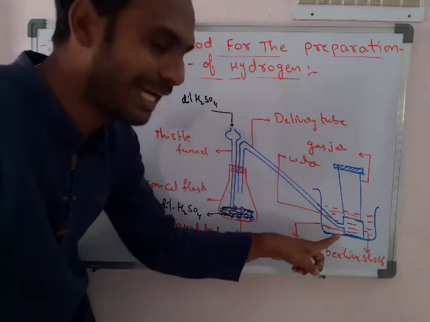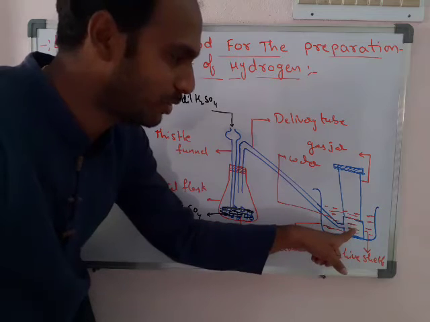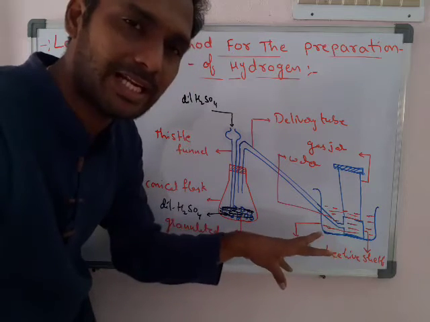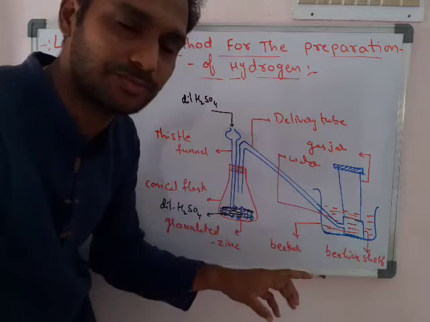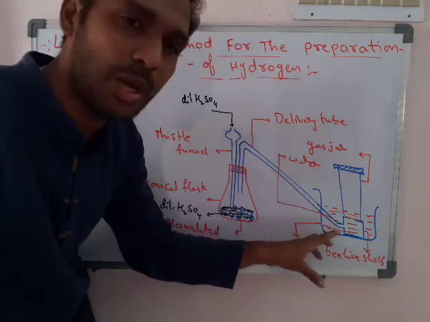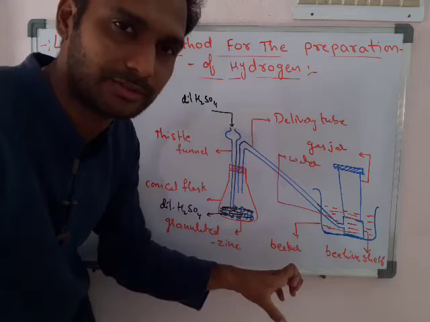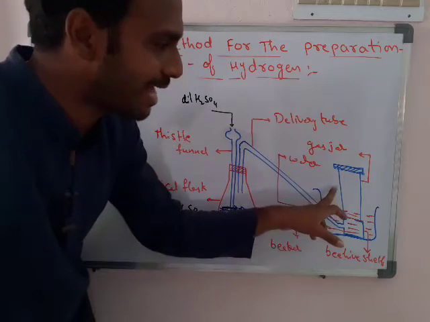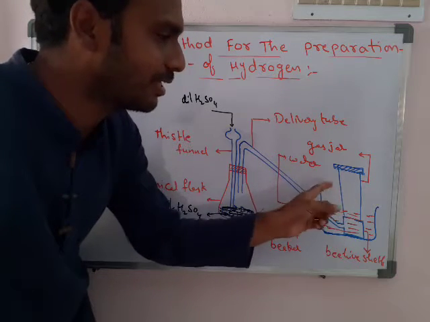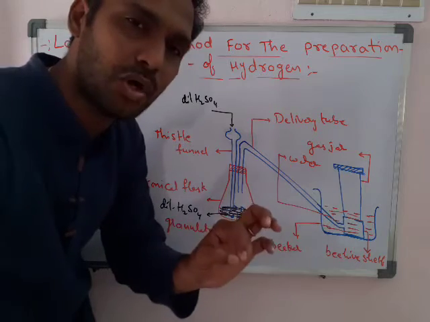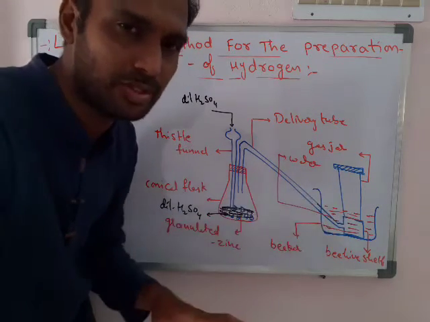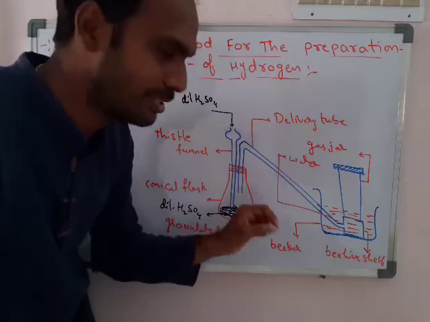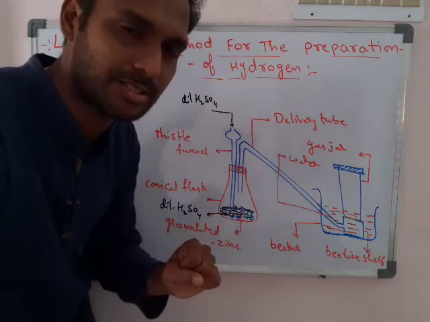And the second end of the delivery tube is connected to the beehive shelf, which is taken in a beaker filled with water. Next, a gas jar is taken exactly on the beehive shelf. So this is about the apparatus.